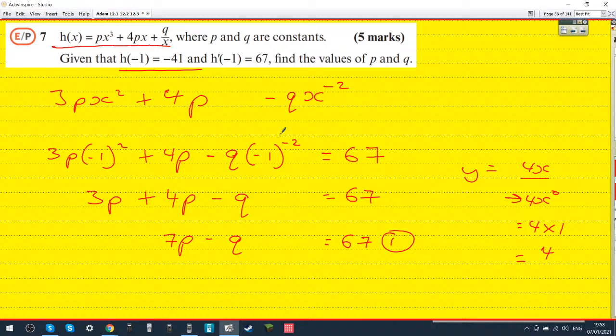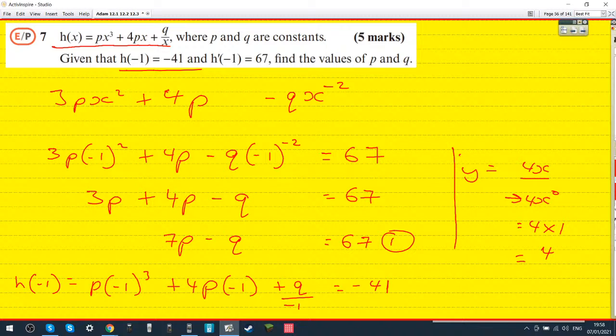Oh, okay. So it would be p times minus 1 cubed. Yeah, well done. So p times minus 1 cubed plus 4p times minus 1 plus q over minus 1 equals minus 41. Yeah.